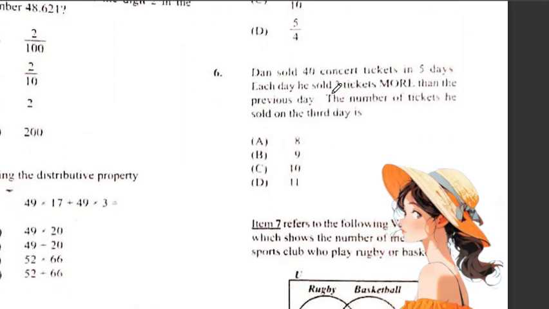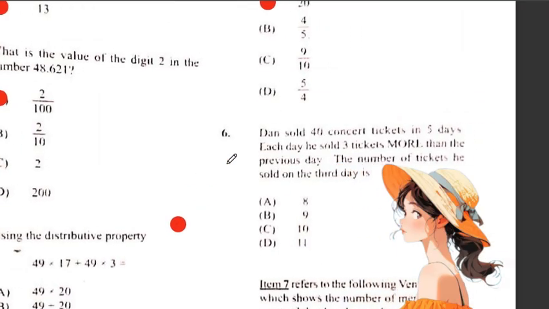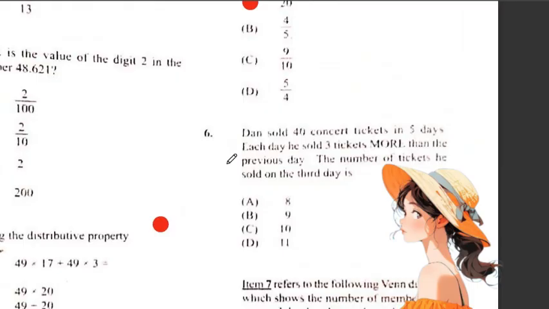Here you know, 6. So it says here, I did not answer question 3, guys, because from my point of view, I can't really get to see it at all. Donoff sold 40 concert tickets in 5 days. Each day, he sold 3 tickets more than the previous day.